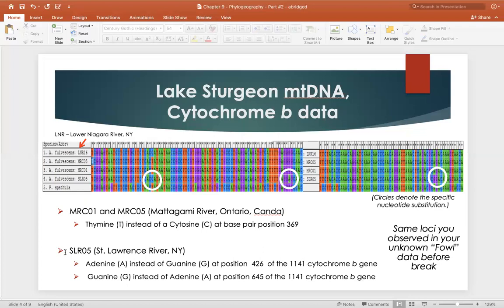Just like we talked about with our haplotype analysis, it happens that all of these base pair differences were synonymous, meaning they resided in the 3rd base pair position, resulting in no amino acid change. That is something common that we see occurring in cytochrome B mitochondrial DNA sequences.